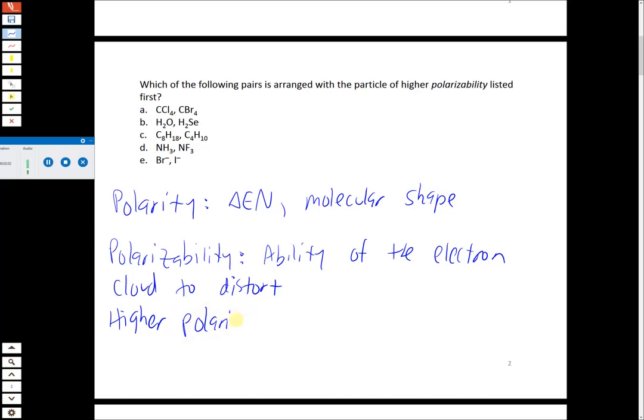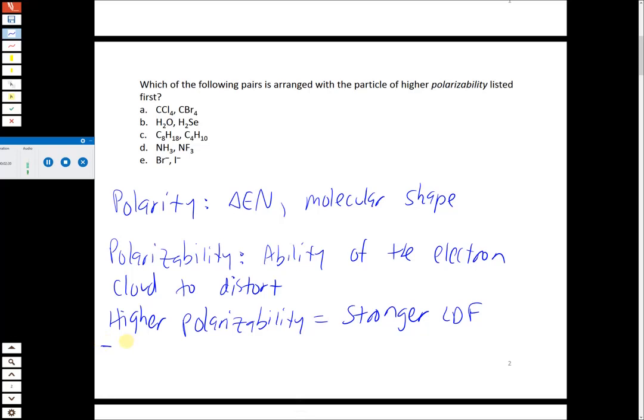All right, so we said that London dispersion forces are the weakest of the intermolecular forces, but they can still, in some cases, be stronger than others, and so the more polarizable the molecule or the particle is, the stronger the London dispersion forces are going to be. All right, and generally when we're comparing polarizability, there's two things we look at.